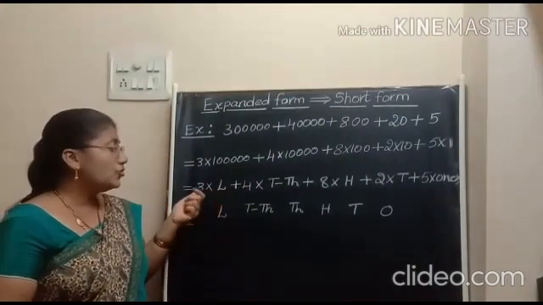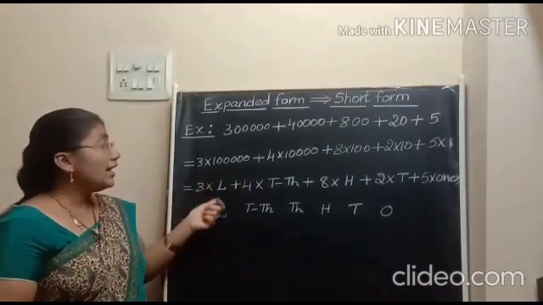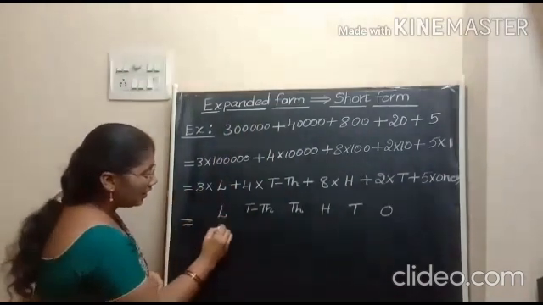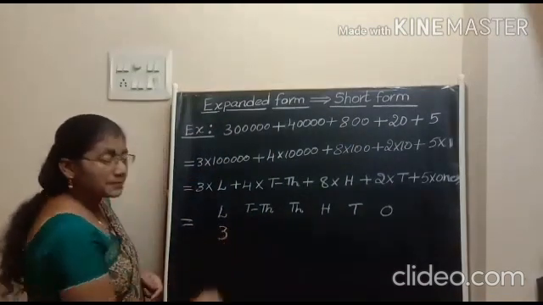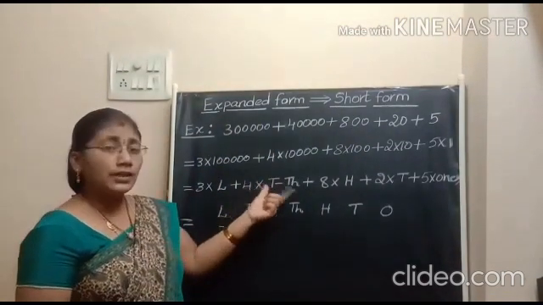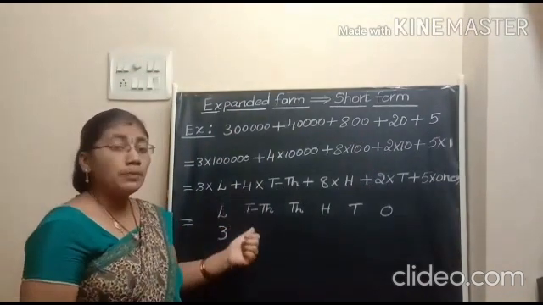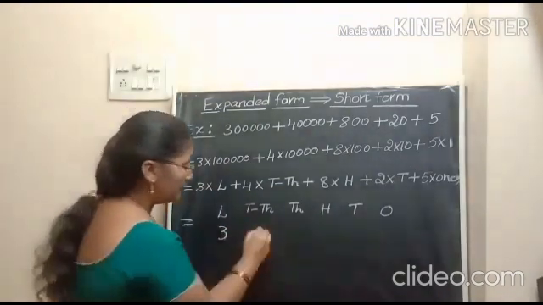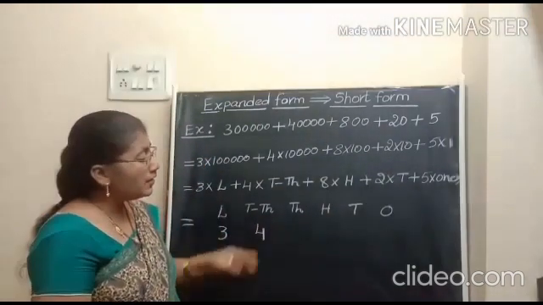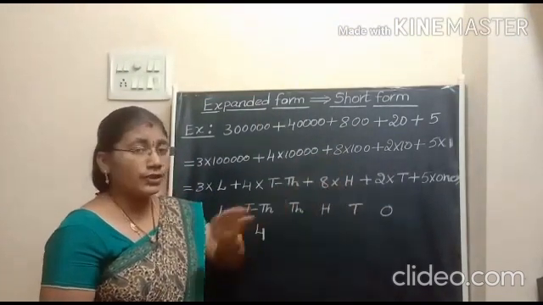Now, 3 is related to lakhs because 3 lakhs are present in this number. So, we should write 3 in the place of lakhs. Next, we have 4 10,000s. So, write 4 at the 10,000s place. Next, 8 is related to hundreds, not for thousands.